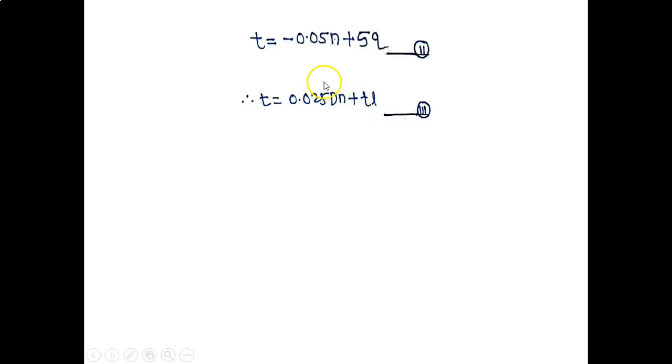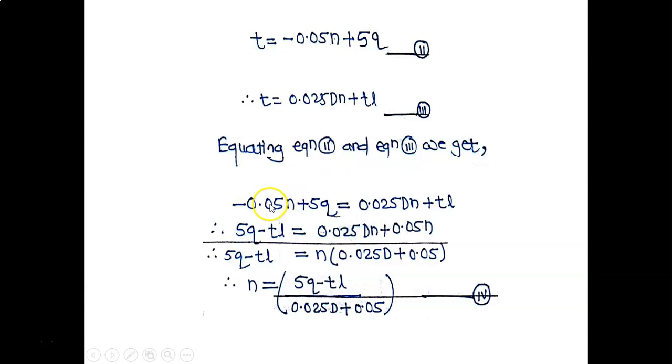Therefore equating equation 2 and equation 3, what are we getting? Minus 0.05 N plus 5Q is equal to 0.25 DN plus TL. Therefore rearranging the terms we get 5Q minus TL is equal to 0.25 DN plus 0.05 N.